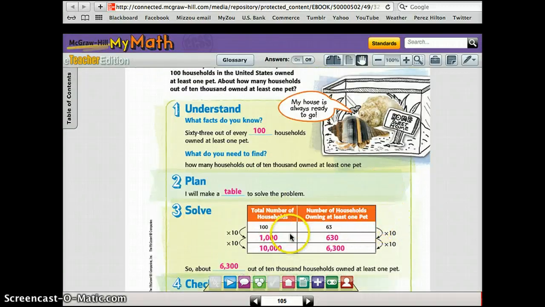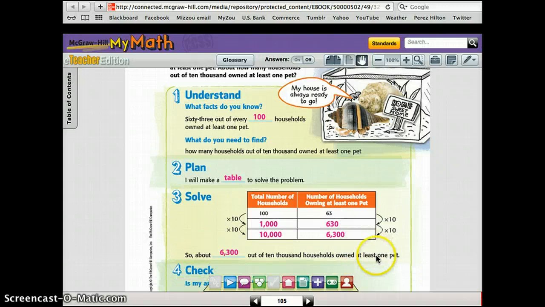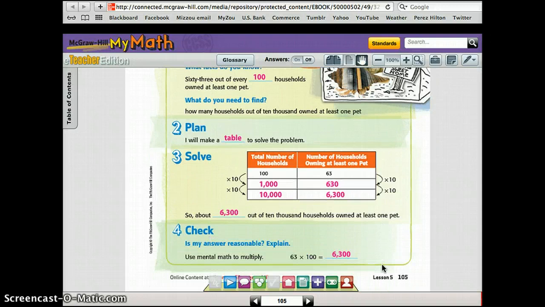So let's just bump it up to 1,000. Times 10, 100 times 10 is 1,000. 63 times 10, 630. Then do the same thing again, times 10, and we get 10,000 households, 6,300 households owning at least one pet. So that's our estimate. About 6,300 out of 10,000 households owned at least one pet, based on the information they gave us.